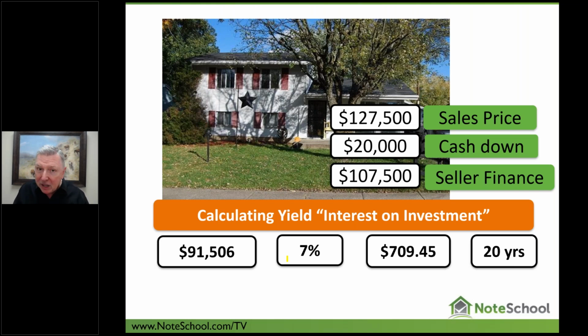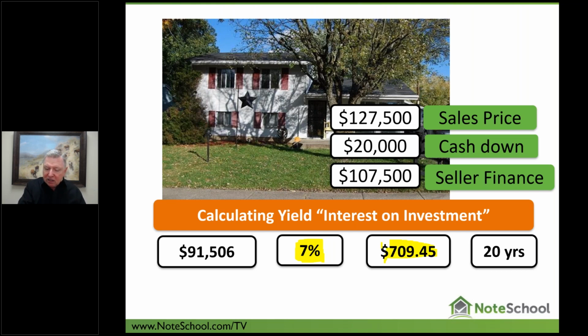Why did we buy the note at a discount? Because the interest rate on the note was 5%. I made a determination. I wanted to earn a little higher interest on my investment than the interest rate on the note. So once again, if I wanted to earn 7%, remember the interest rate on the note was 5%.